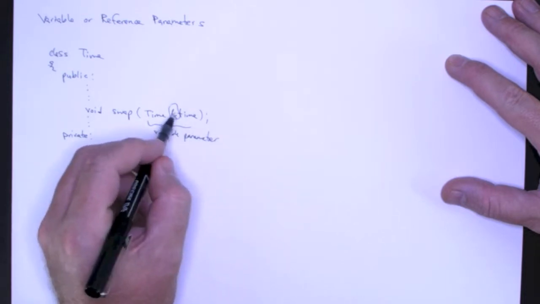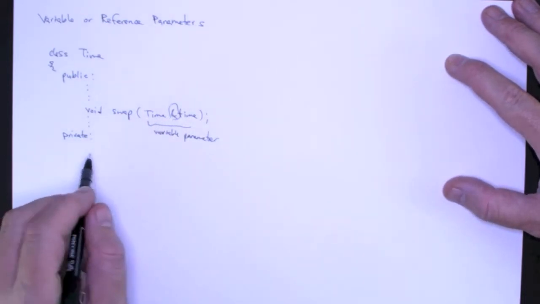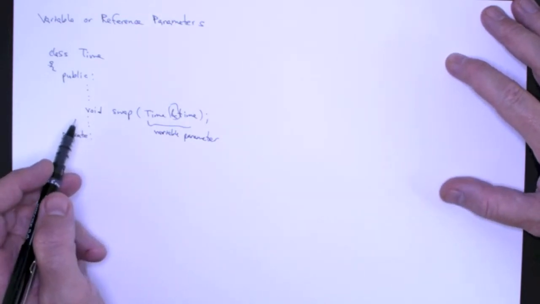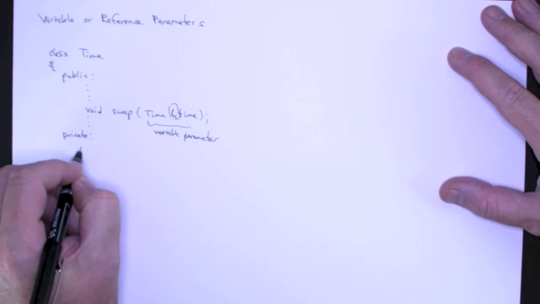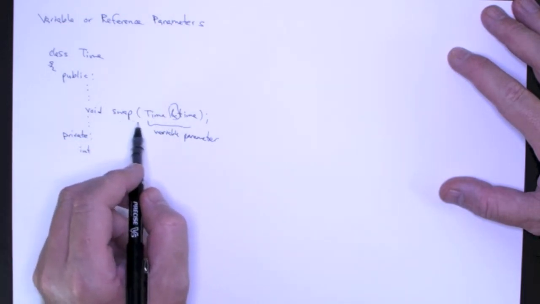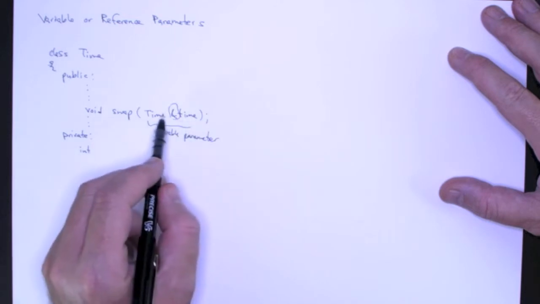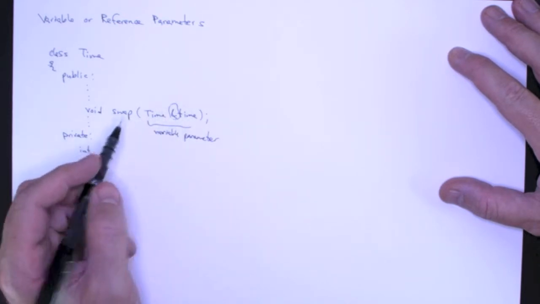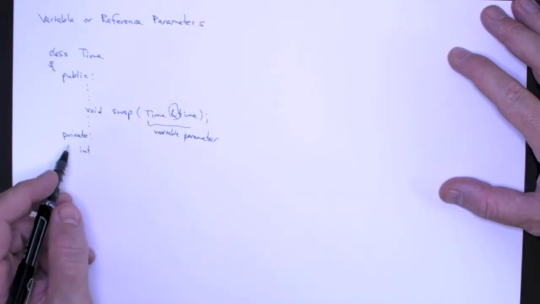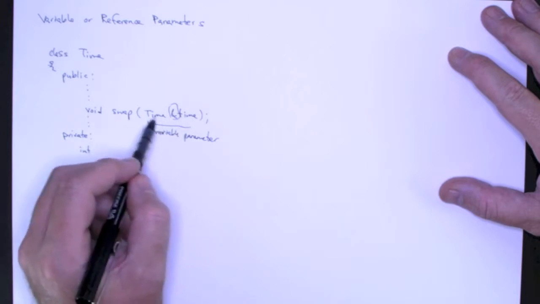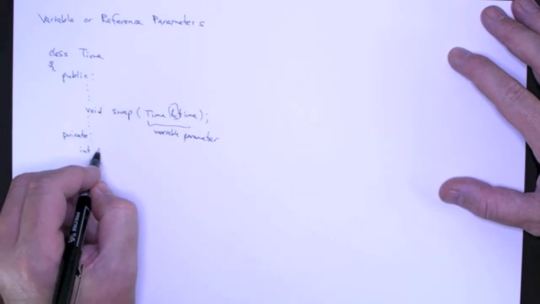Code this up and remove that and see what happens, and you'll see that this method no longer works, okay? Because we'll be swapping a copy, and we're not swapping data with the original object. That's why we need this variable parameter. We need this swap operation to be reflected in the original object that we're using.